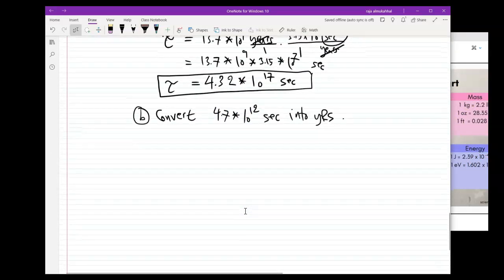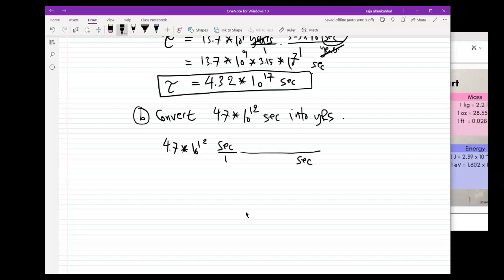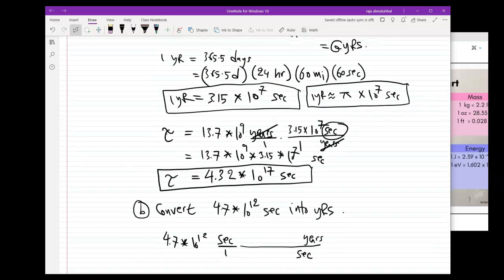So I have here 4.7 times 10 to the 12 seconds over 1, and I'm converting the seconds into years. So the seconds are going to go down, and then the year here. And what is the conversion between them? Well, we just derived it right there.